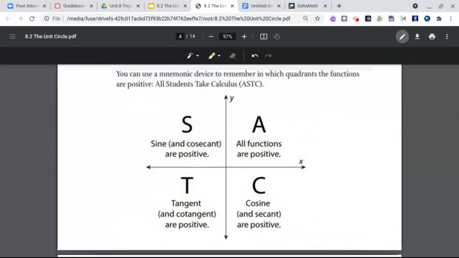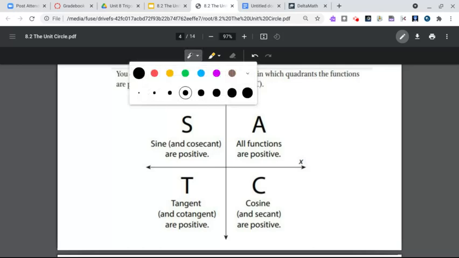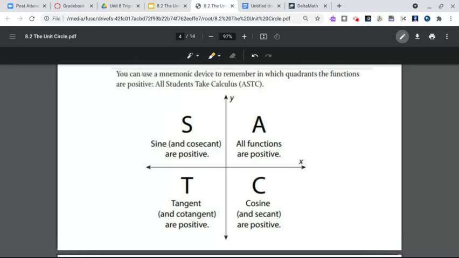Before, though, a mnemonic device that will help you to remember which quadrants the functions are positive in is the mnemonic device All Students Take Calculus. So in quadrant 1, all of the trig functions are positive. This is quadrant 1.